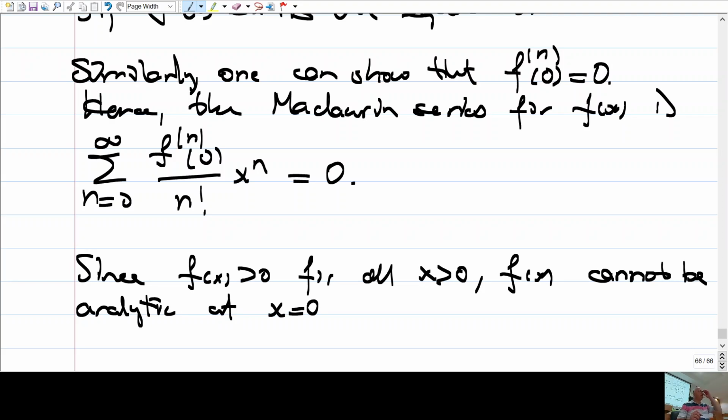Because if it were analytic at 0, then in a neighborhood containing 0, f and its Maclaurin series should coincide. However, the Maclaurin series is always 0 and f is not always 0. Therefore, f is not equal to its Maclaurin series near 0. Therefore, it is not analytic at 0. Okay? Hence, f of x is not an analytic function.